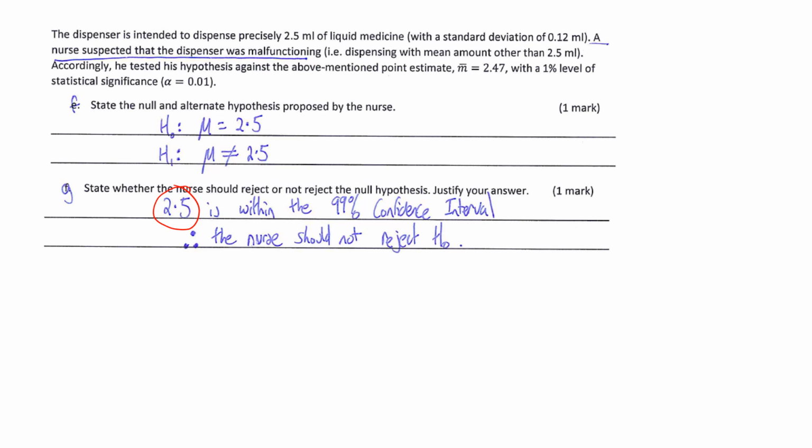So because that 99% confidence interval contained the null hypothesis mean amount, the nurse should not reject the null hypothesis, and we're able to reach that conclusion without going to the trouble of actually calculating the p-value.